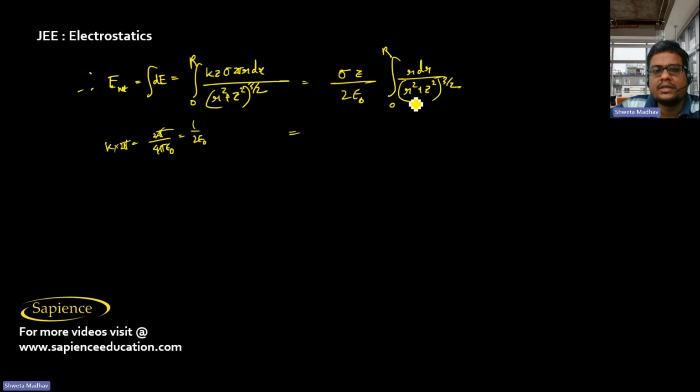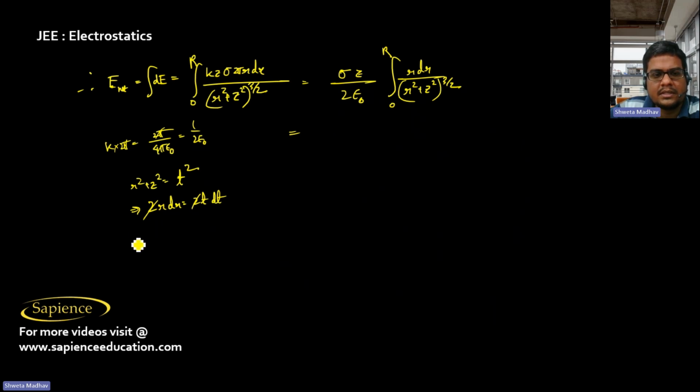Now r dr, if you take this r square plus z square, if I take it as t square, then I can say 2r dr equals 2t dt, since z is a constant. So r dr is t dt.